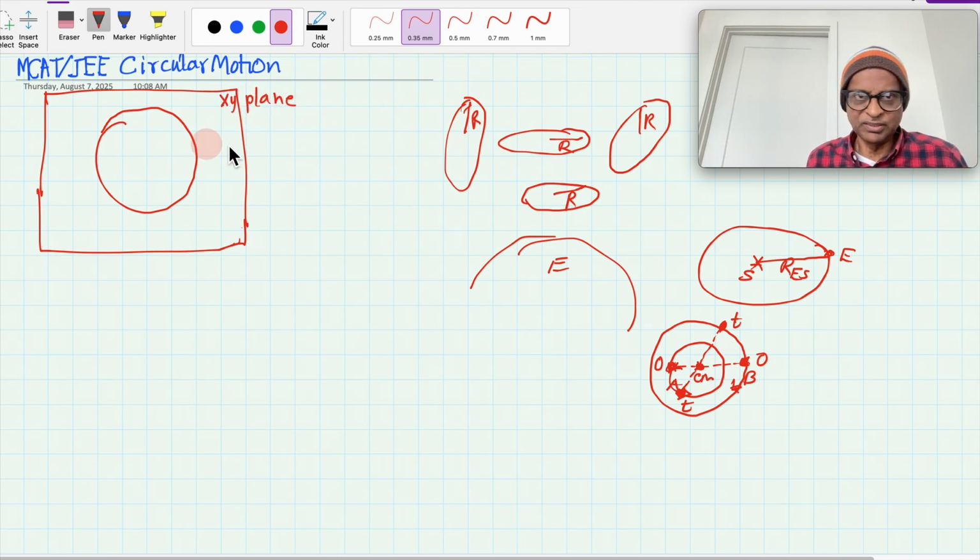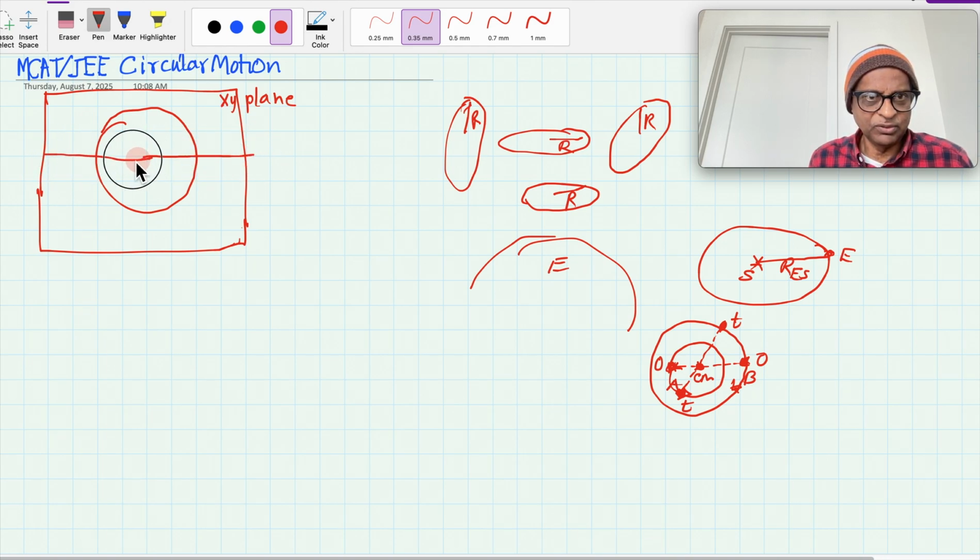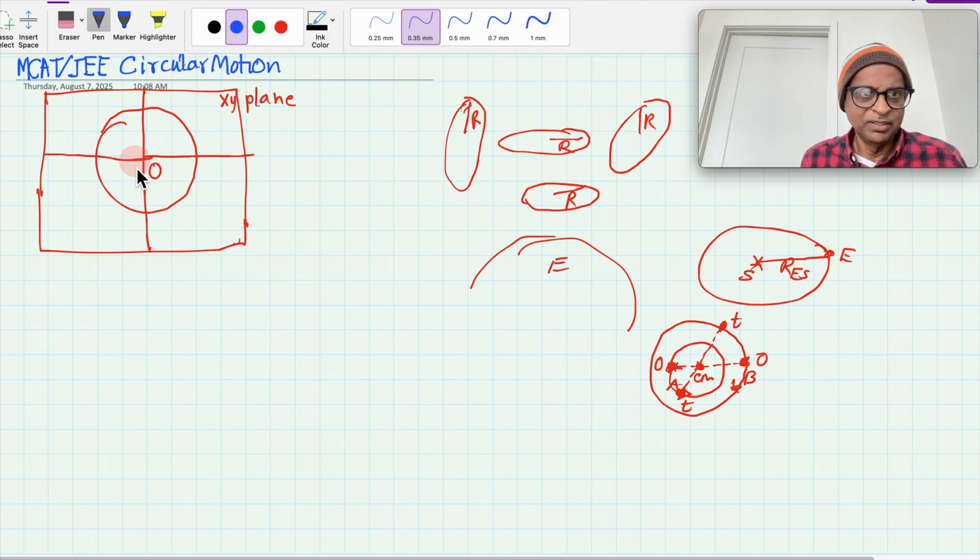You don't need it, but just to be specific, we'll use a standard xy coordinate system and place the circle so the center is at the origin. Maybe at some time t it's over here, and maybe it's moving in this direction. So here is the distance.